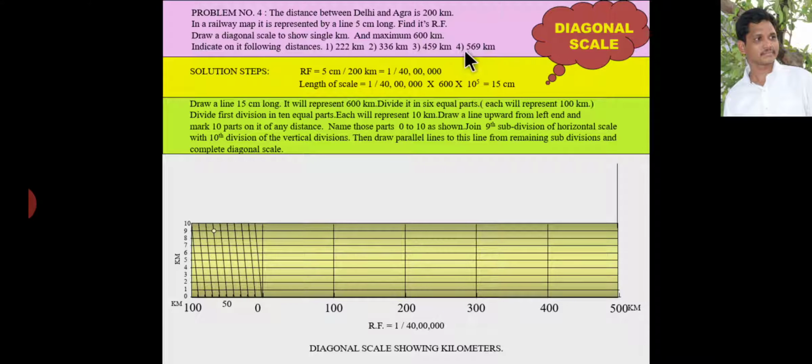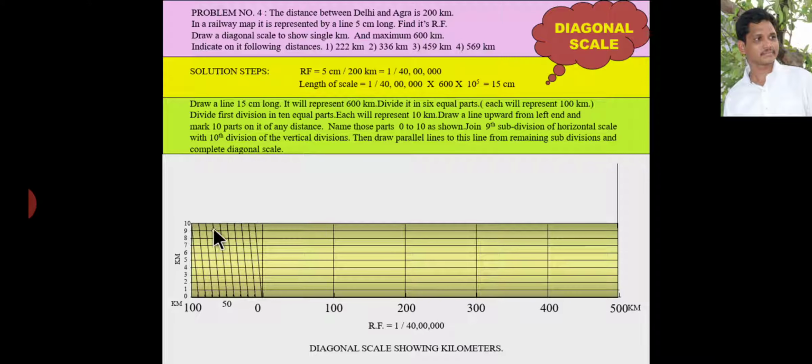So you have to divide this 569 kilometers into 500 plus 60 plus 9. Totally you have to divide this into 3 divisions. From here to here, that is 500 kilometers, and from here to here, that is the 6th division equal to 60 kilometers, and from here to here, 9 represents 9 kilometers.